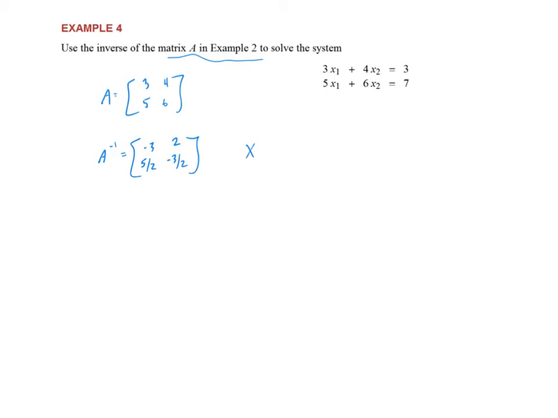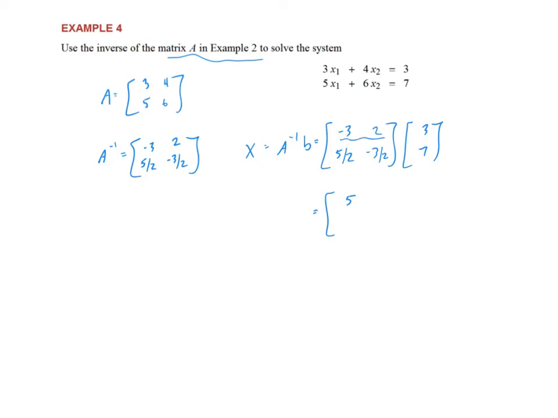We're going to say, all right, well, we know that the solution based on that theorem is X equals A inverse times B, that right vector, the 3, 7 vector. So we take our inverse, negative 3, 2, 5/2, negative 3/2, and I'm going to multiply that by that vector 3, 7. In the first entry, no fractions to worry about, so let's see what we get there. Negative 9 add 14 is 5.